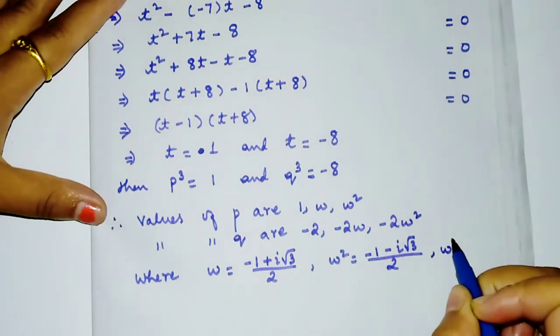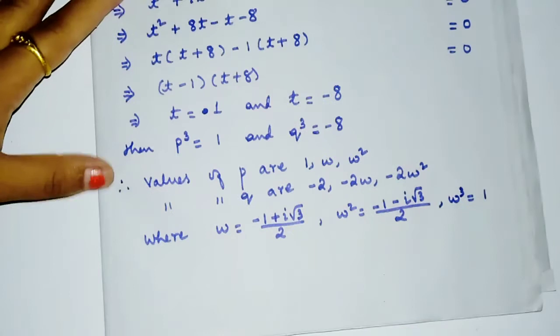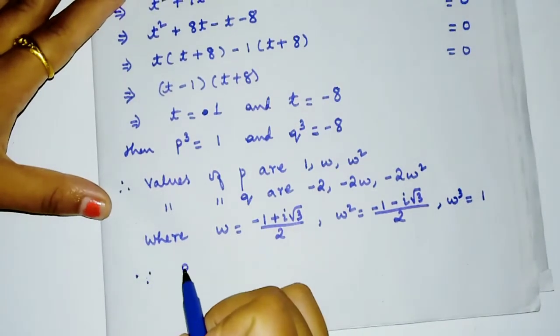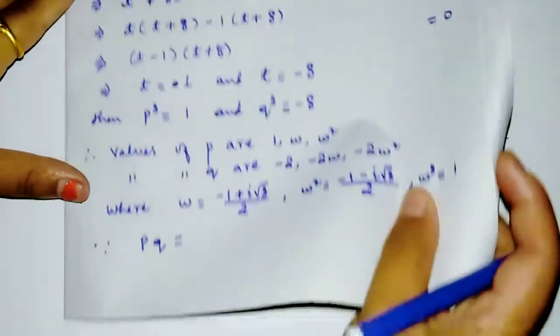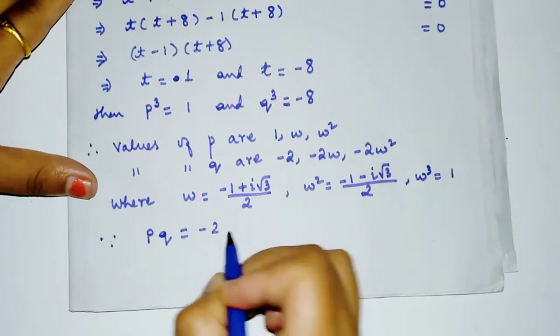And omega cube is 1. Since from the beginning we have seen that the product of p and q is equal to what? Minus 2.